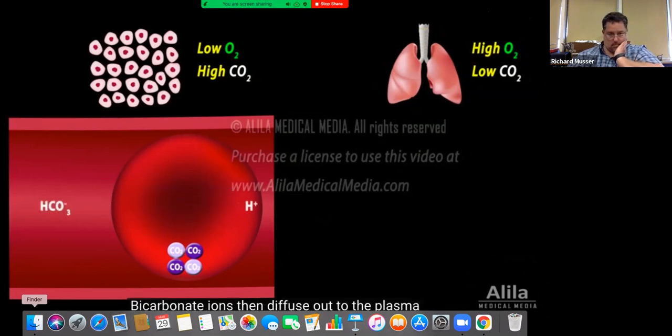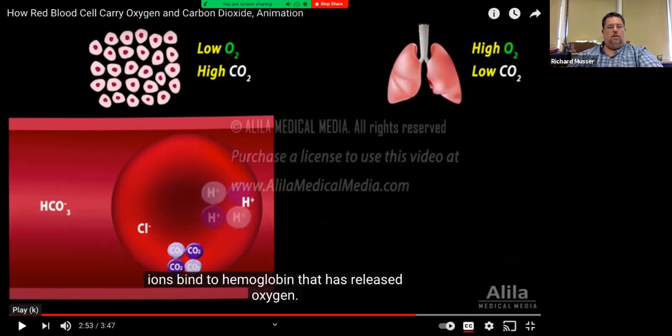Bicarbonate ions then diffuse out to the plasma to be exchanged for chloride ions, while hydrogen ions bind to hemoglobin. So remember, the hydrogen ions and the chloride are going to be attracted to one another because of the positive and negative, while the bicarbonate is floating around in the plasma after that chemical reaction takes place.